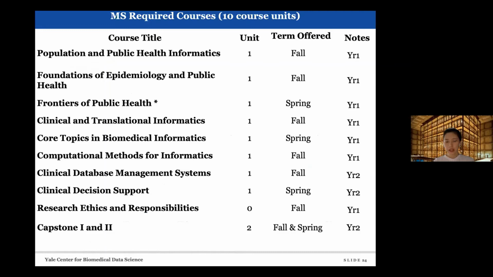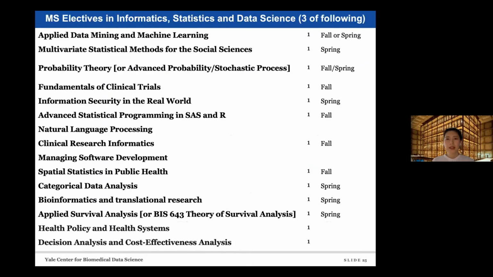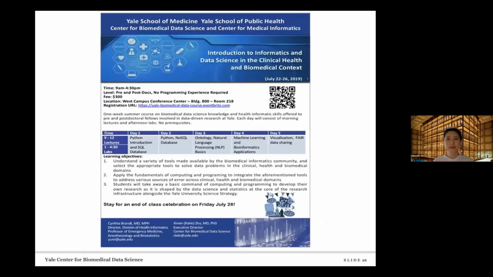You can take a look. I believe most of them are available on Coursera or in some virtual remote way now. And there are some electives in informatics, statistics, and data science. Another way to look at it is these are the courses being offered on the school website.